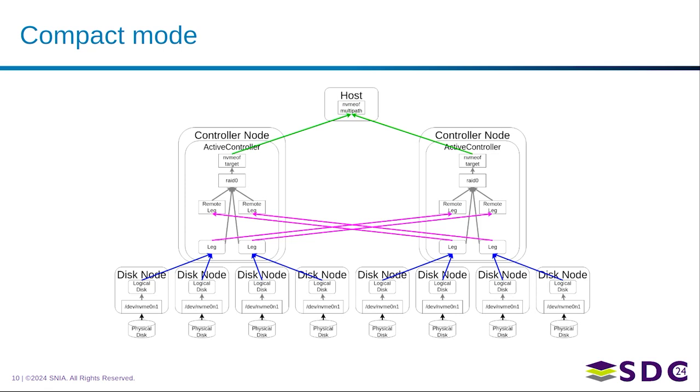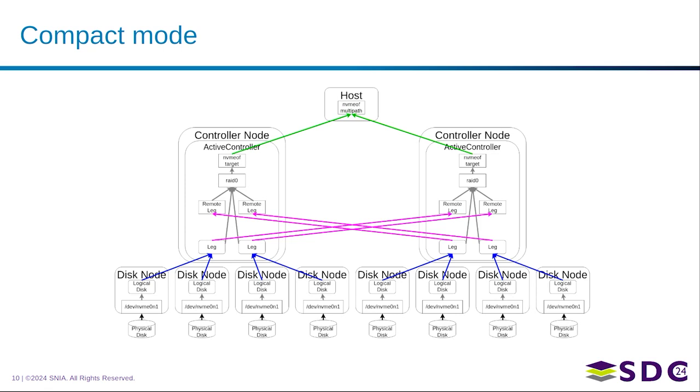And the active controllers aggregate the logical disks to a LAG, and they export their LAG to all other controller nodes. So then each controller node can create a RAID 0 from their local LAGs and all the remote LAGs.